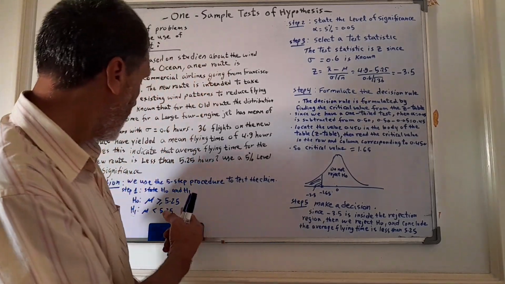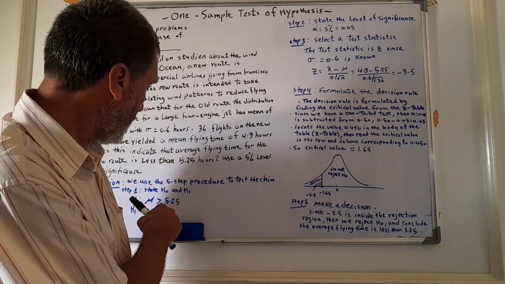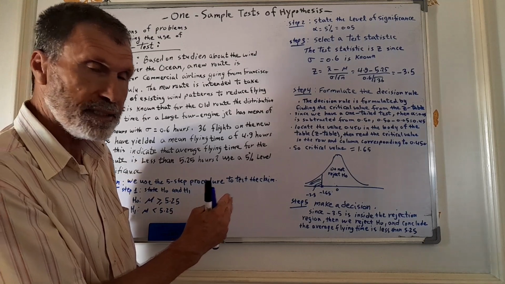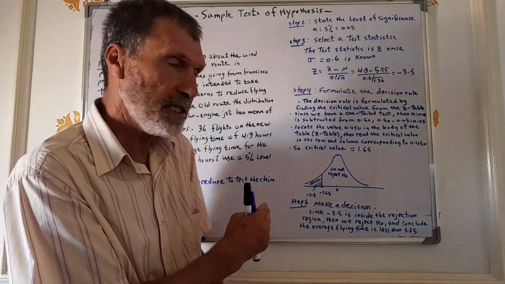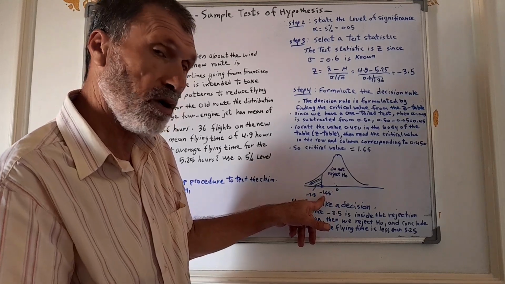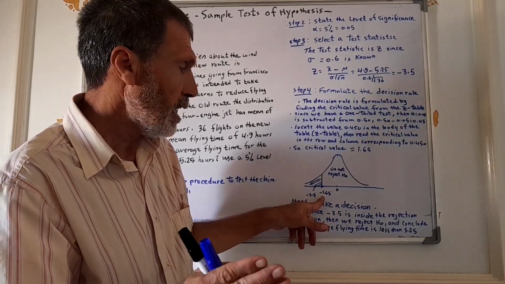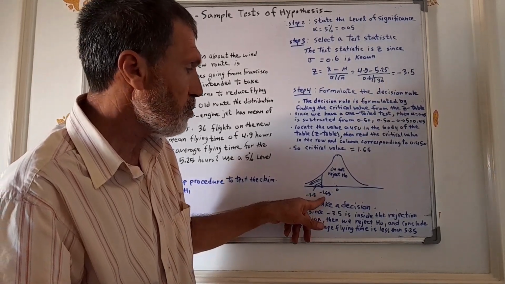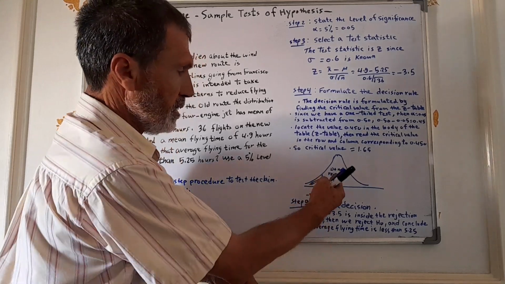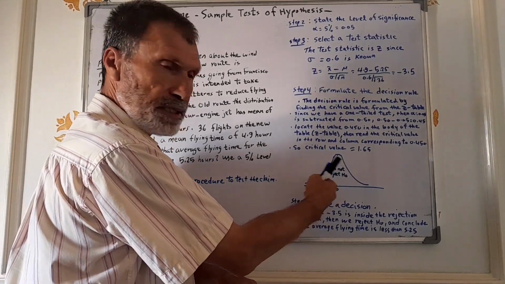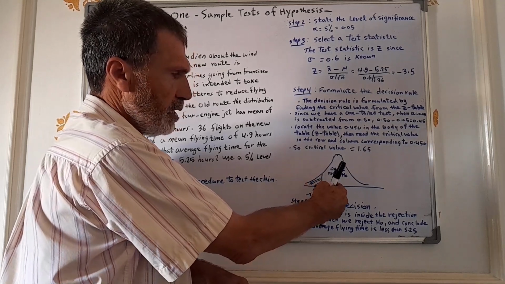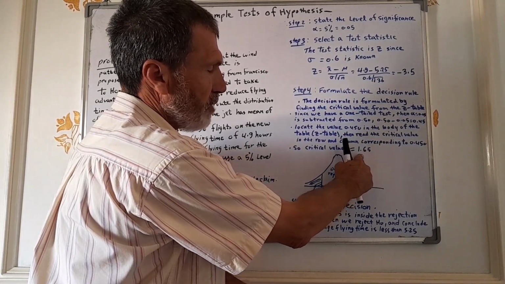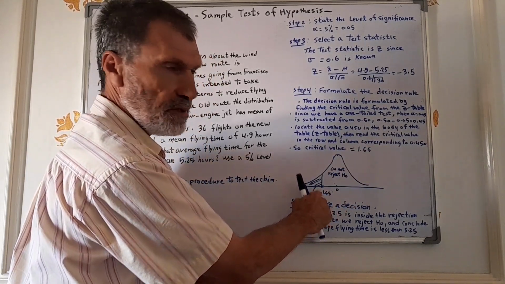Since the rejection region is in the lower tail, and because the normal distribution is symmetrical, we put minus 1.65, because the rejection region is in the lower tail, so it has to be negative.